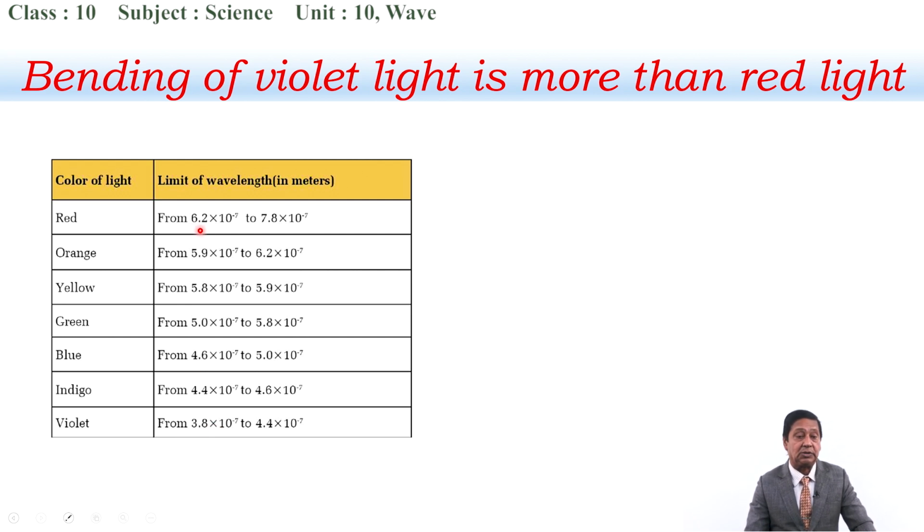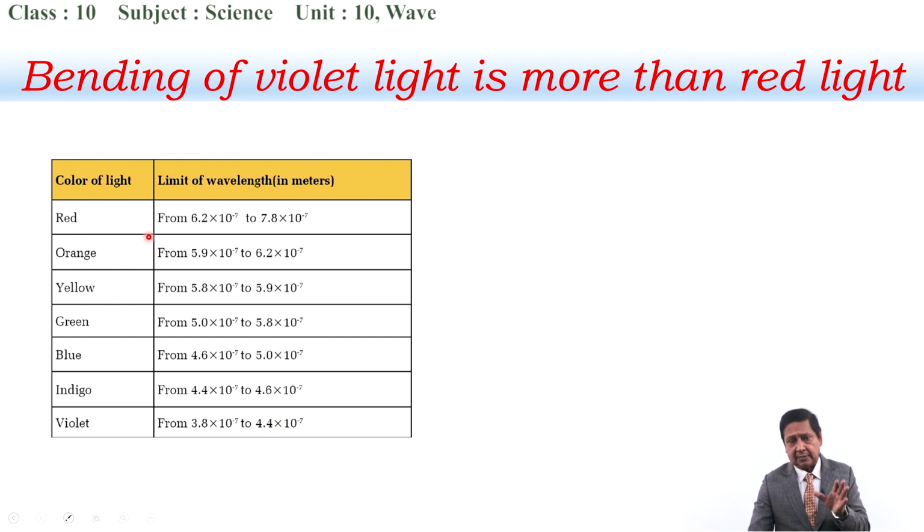It ranges from 6.2 to 7.8 into 10 to the power minus 7 meter. But in case of violet, its wavelength is very short in comparison with red. It ranges from 3.8 to 4.4 into 10 to the power minus 7 meter.